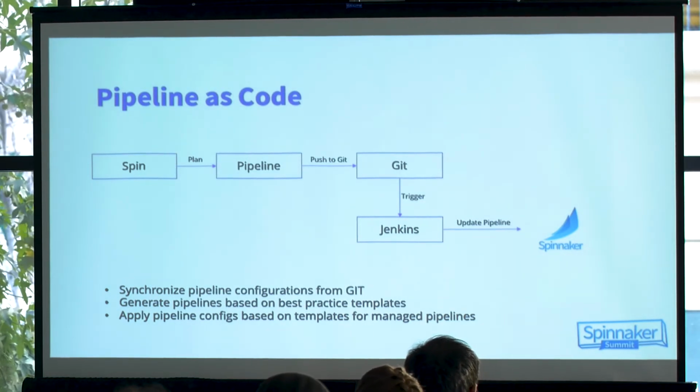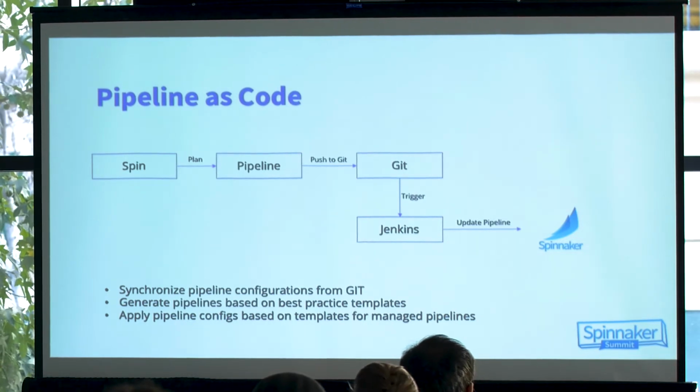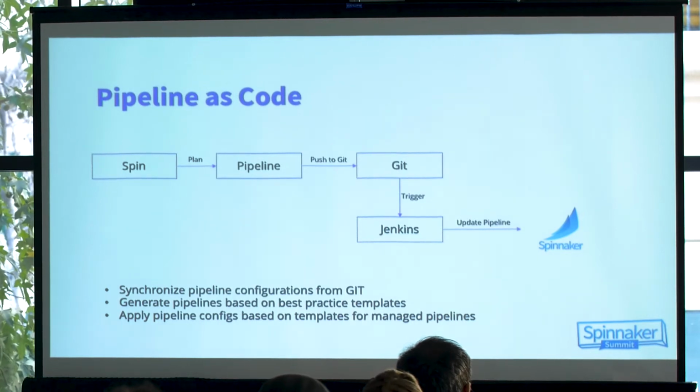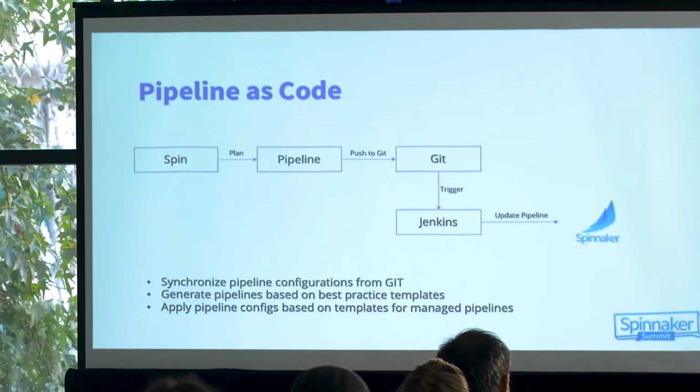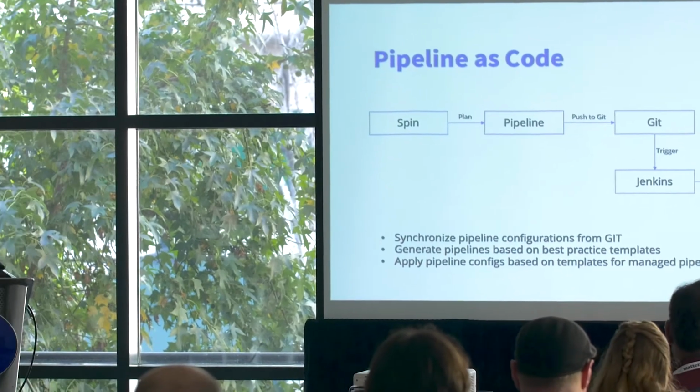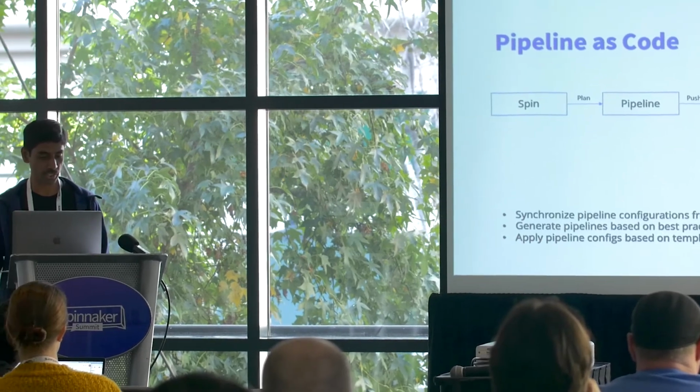The second one is you have the complete JSON of the pipeline that is defined, that you have in the remote repository. Changes to those pipeline definitions will get reflected in Spinnaker through sync with the Git repo. It's a command, so you'll use a Spin API to iterate through those JSONs and apply them.